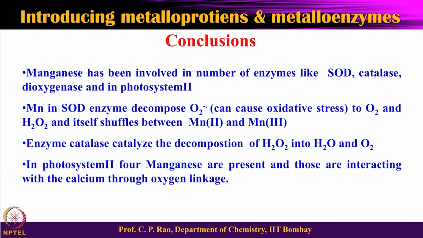That is superoxide dismutase, which converts the superoxide into hydrogen peroxide plus O2, and this hydrogen peroxide is further taken up by catalase, a dinuclear manganese system, which will convert the H2O2 into O2 plus H2O. So, overall SOD and catalase together will save the cells, the tissue, the body from oxidative stress or reactive oxygen species, ROS.